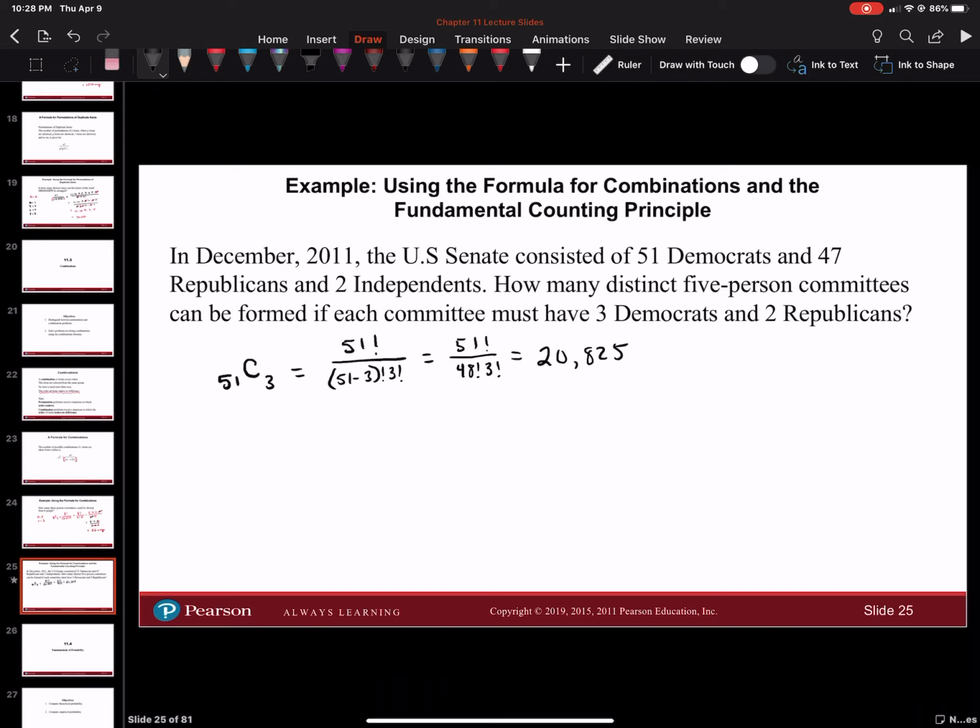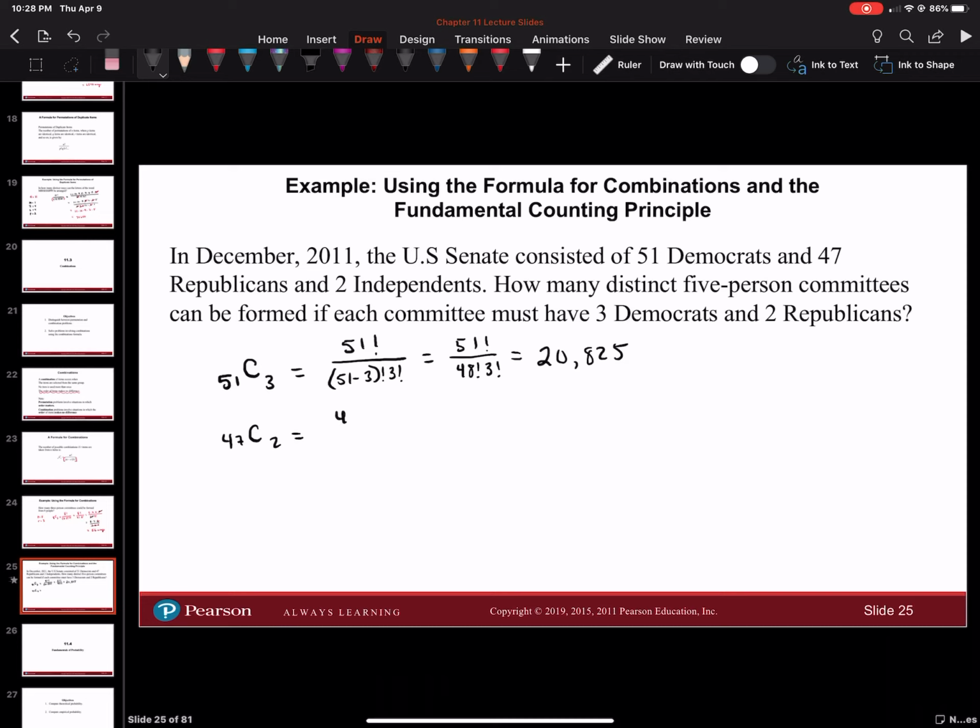Now we need to figure out, out of 47 Republicans, how many ways can I get 2 Republicans? So we have 47 choose 2.